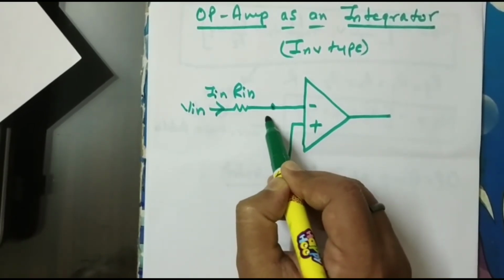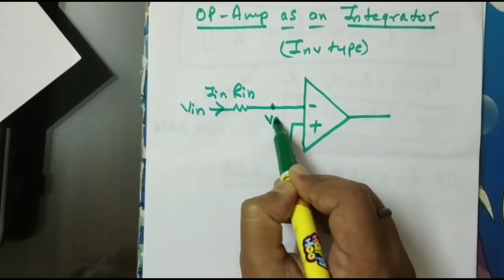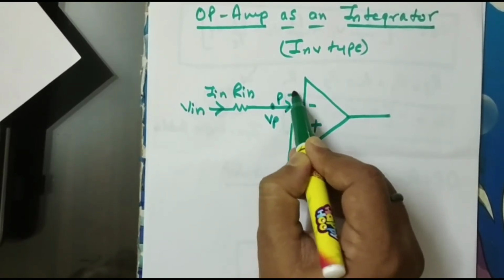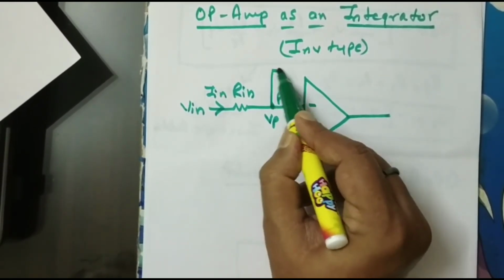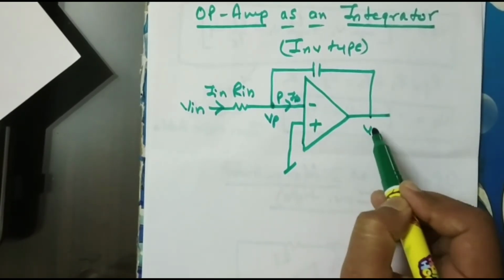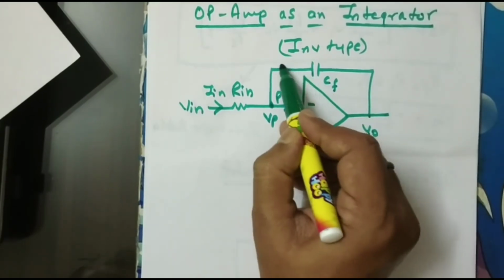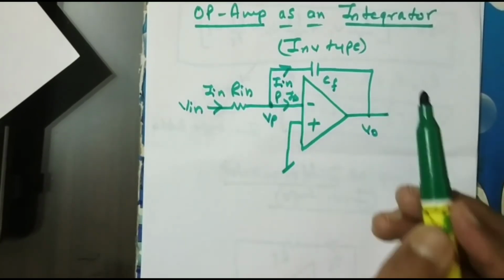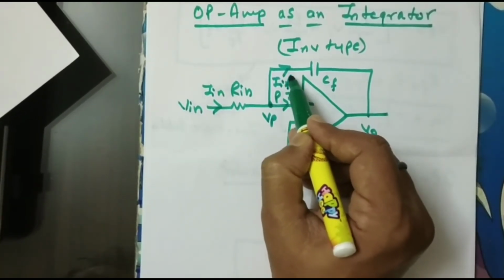This is point P and the voltage here is Vp, this is Ib. And the capacitor is connected in feedback with V0, this is Cf, and here the current is If.